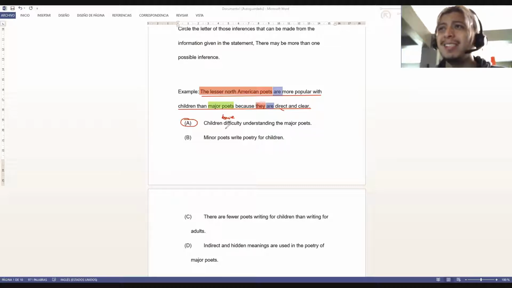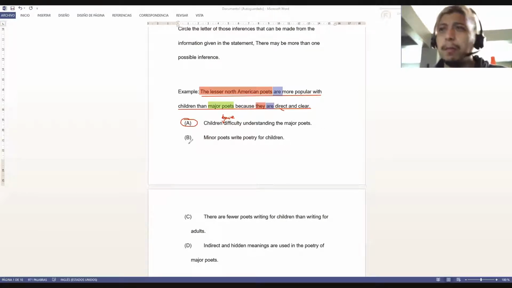So we can imagine that children have difficulty understanding the major poets. This is the reason that the lesser North American poets are more popular with children, because they are direct and clear. The major poets are not as popular, so I guess we can say that children may have more difficulty understanding the major poets.